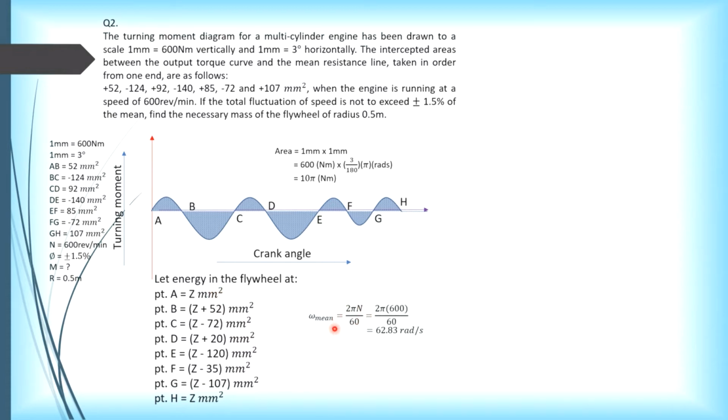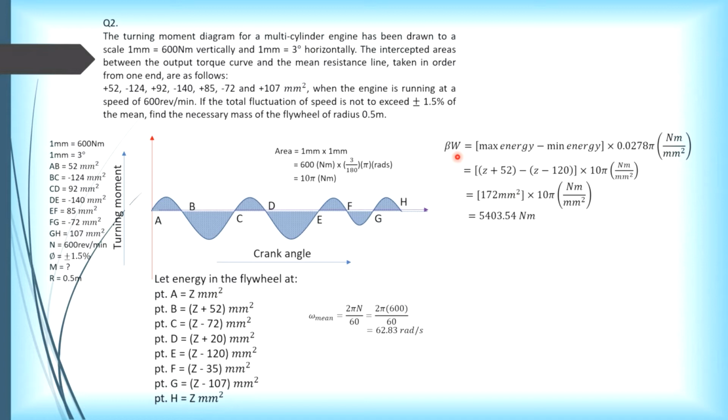Then convert the revolutions per minute to radians per second. Beta W is the greatest fluctuation of energy, so you take the maximum minus the minimum energy. You have to select from the list of values here which one is the maximum and which one is the minimum. The maximum will be Z plus 52 and the minimum should be Z minus 120.